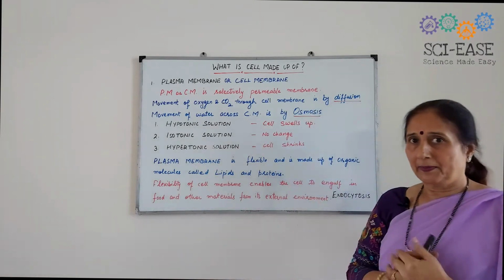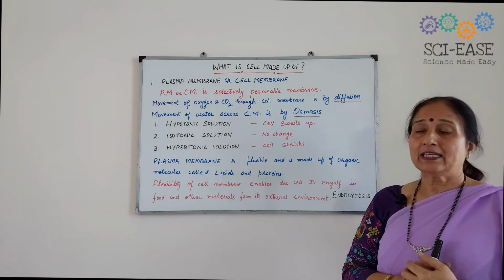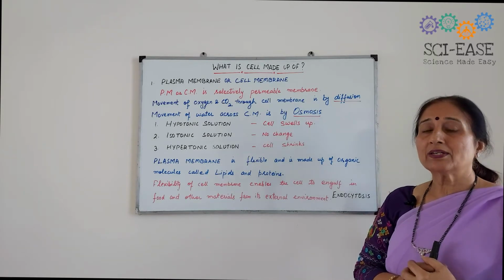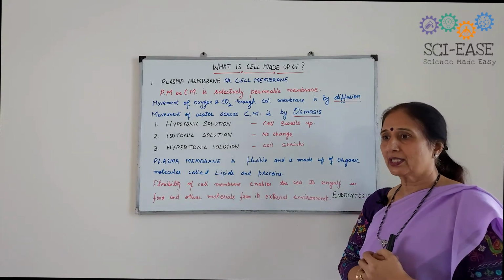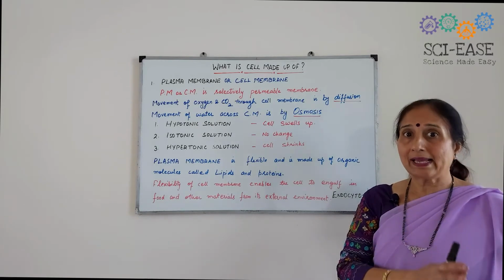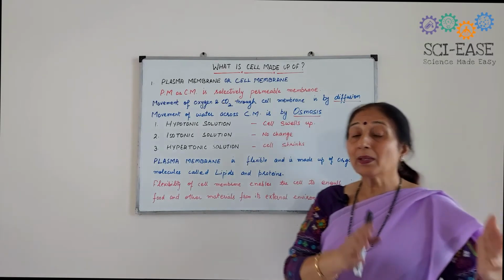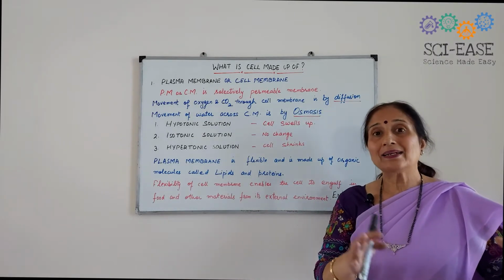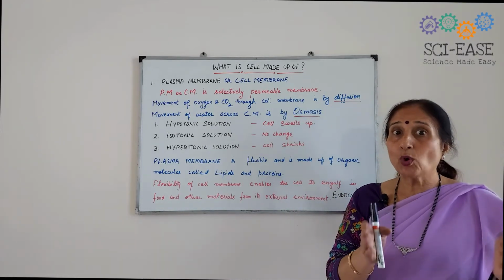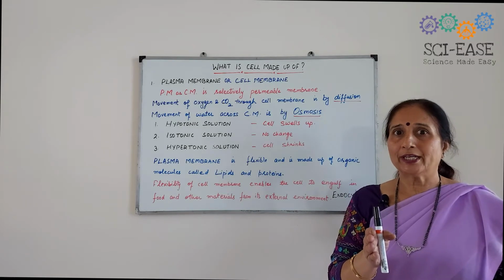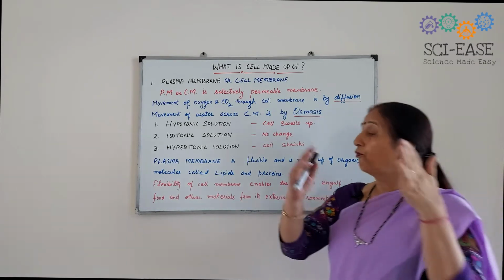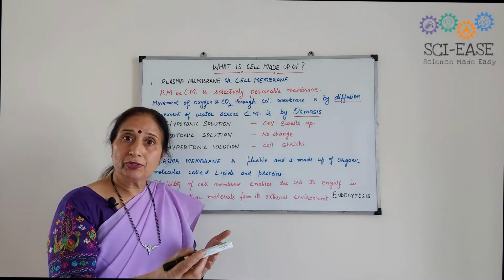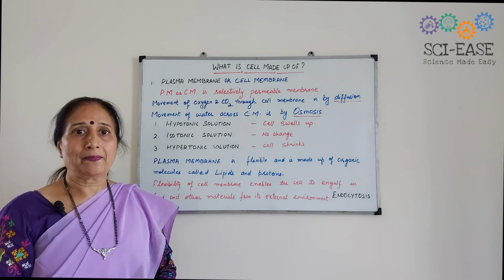In the first case, when there is a higher concentration of water molecules outside the cell, that is, the medium outside the cell is dilute, there is more concentration of water molecules, so the water will move inside the cell.